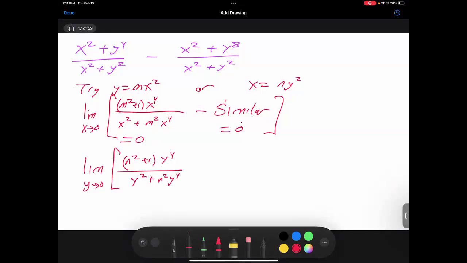Or did I make a mistake? The very first term. I don't think it's x to the power of 4 because we have y to the power of 4 and then we just have to do the quadratic x. So it's going to be y to the power of 8. Sorry, x to the power of 8 somewhere. That should be x squared plus. Oh, sorry, yes. I made a mistake in a place where it doesn't matter, but yes.